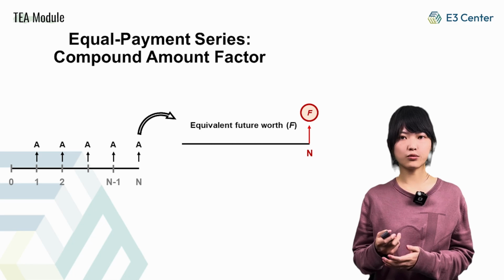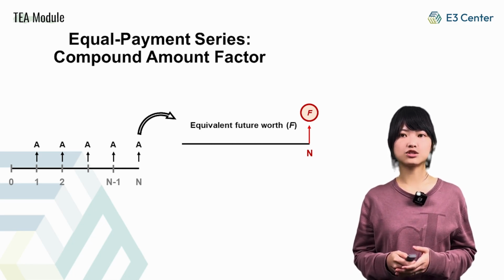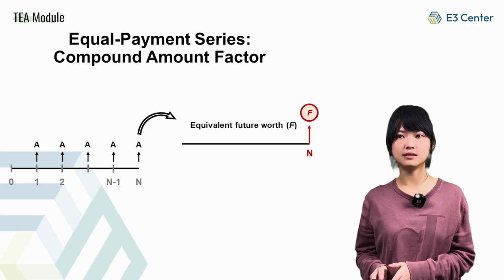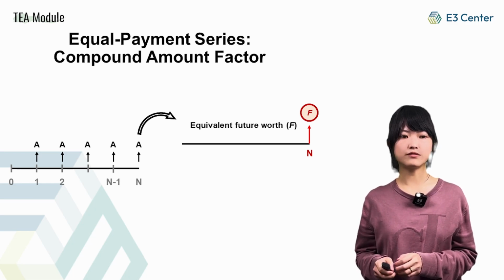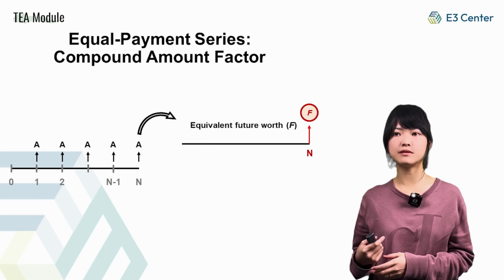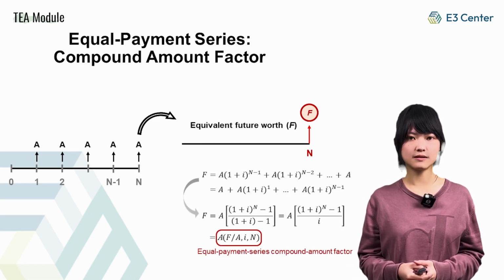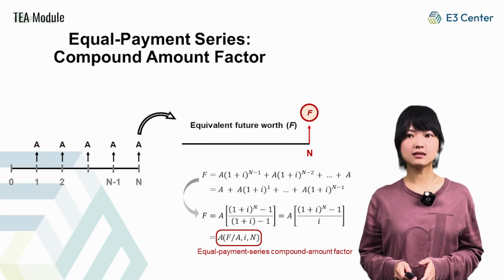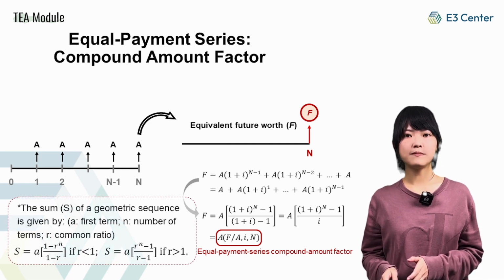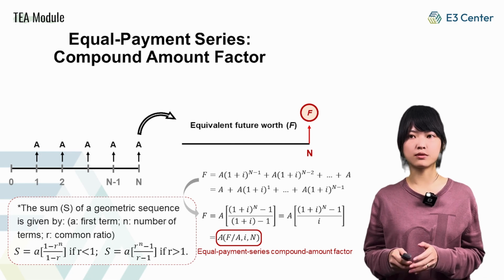Here, we are going to introduce 4 different financial conversion factors associated with the equal payment series. Let's start with the compound amount factor. This factor shows us how a uniform payment A made at the end of each period accumulates over time to a future sum, which is F, given by the formula shown here. And we can see that when we sum it up, this series of payments is basically a geometric progression.